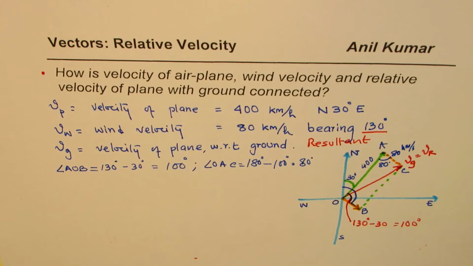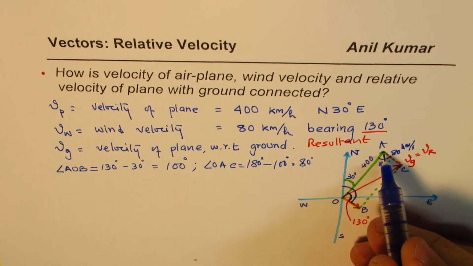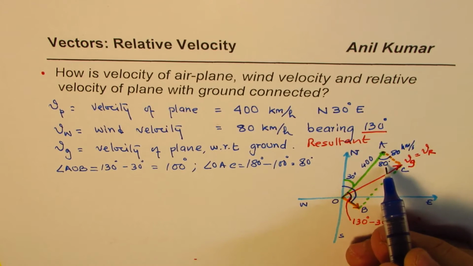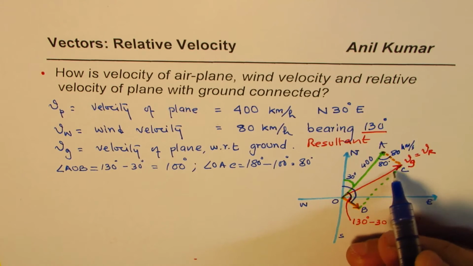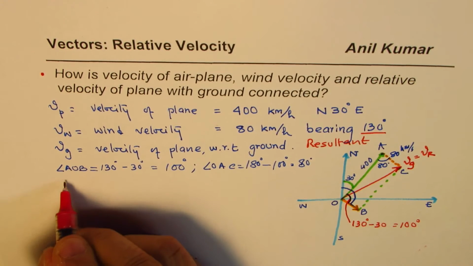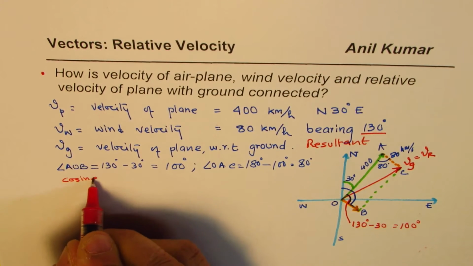Okay. So basically we have a triangle whose two sides and included angle are given. So we can find the resultant using cosine law, right? So we can use cosine law to solve this. Is it okay?